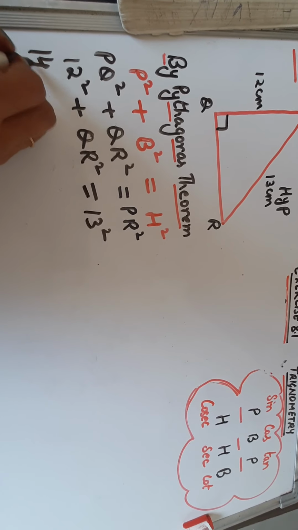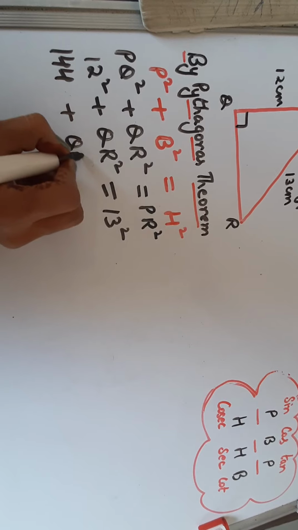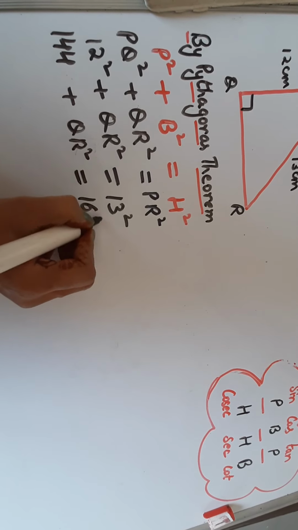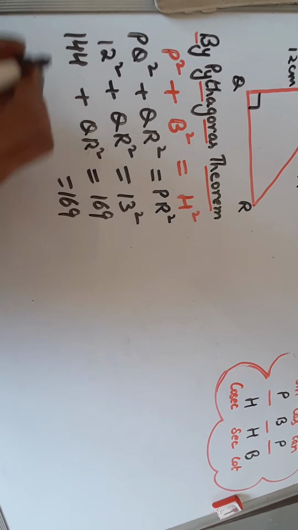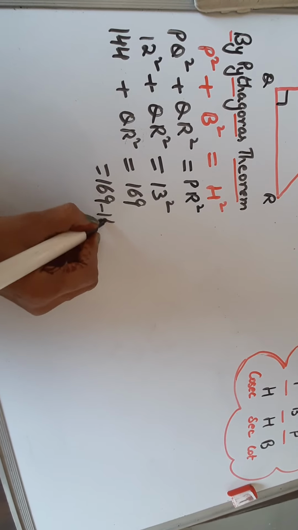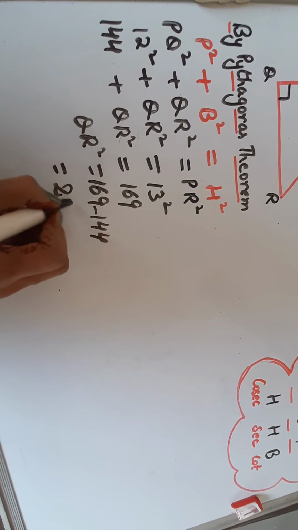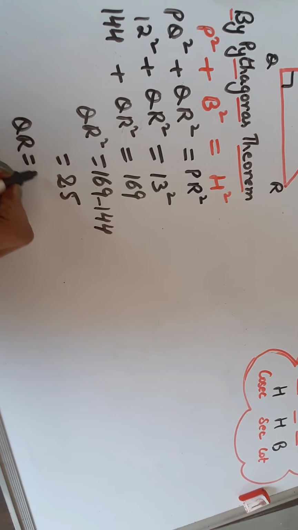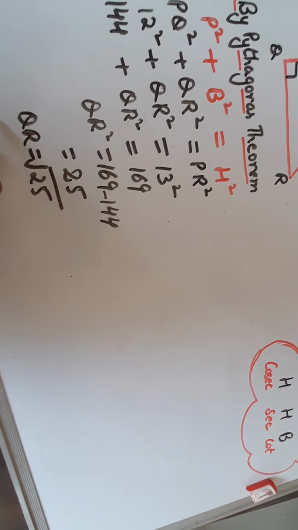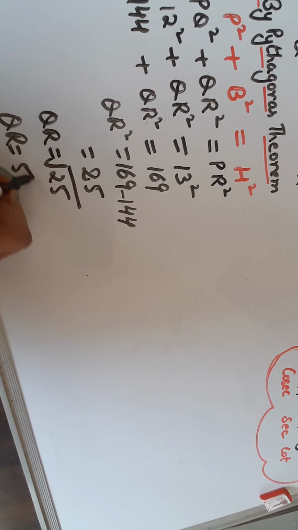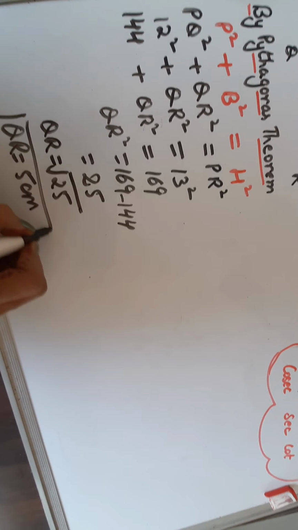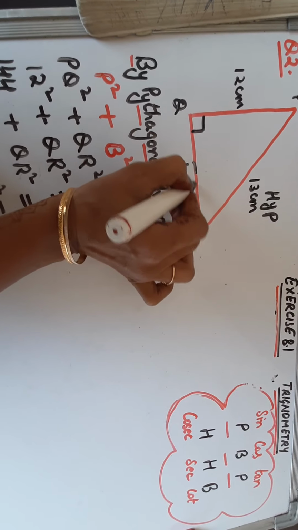So this will be 144 plus QR square equals 169. 169 minus 144, you will get QR square as 25. When the square goes to the other side, it will become a square root. So QR will be 5 centimeter. This will be the third side, 5 centimeter.